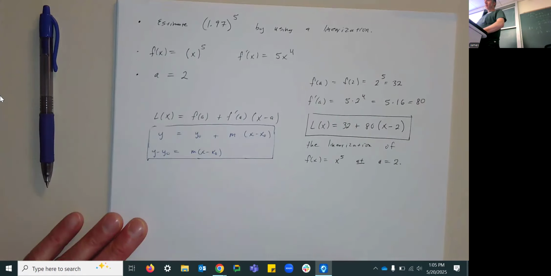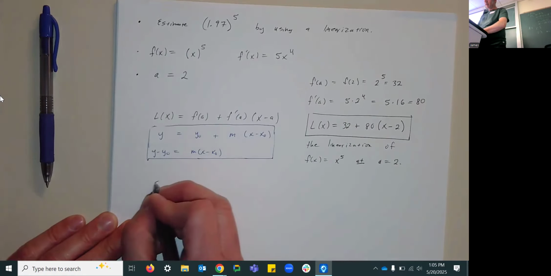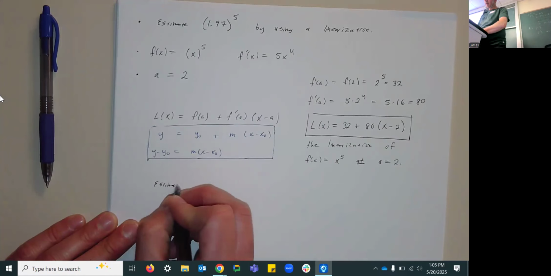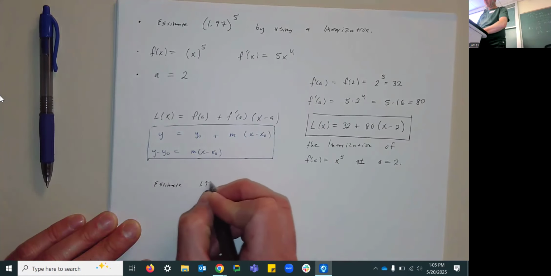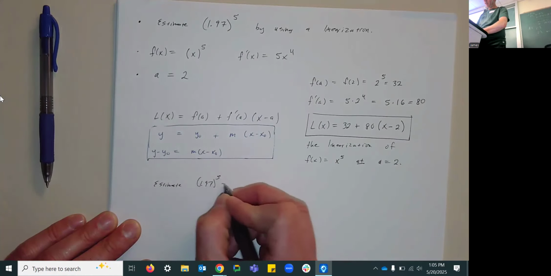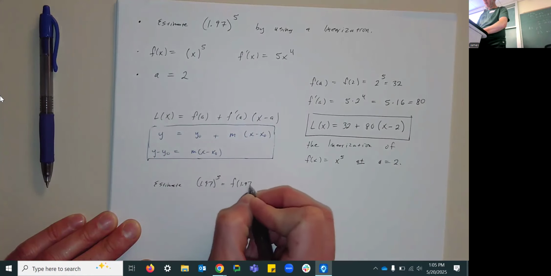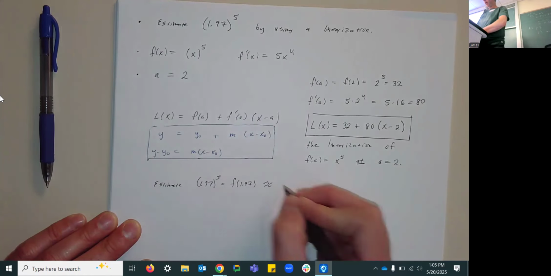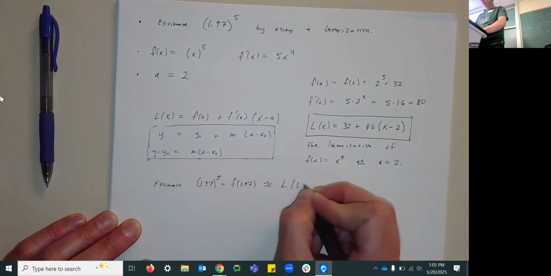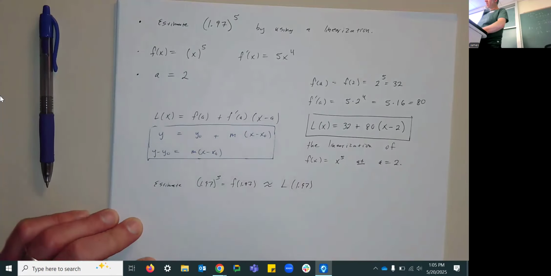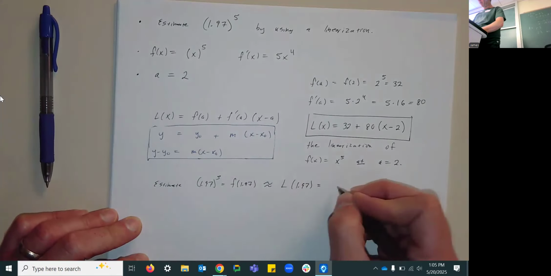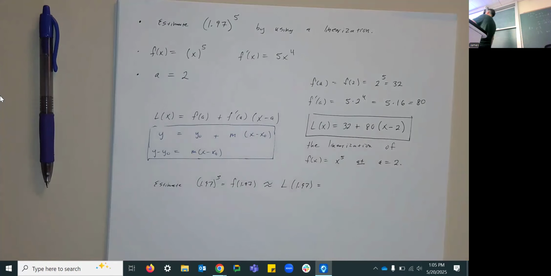And then to find our approximation, to estimate 1.97 to the 5th power, which is f of 1.97, it's going to be approximately L of 1.97. And then we're just going to plug in 1.97 and get, oh, I know what I was going to say.